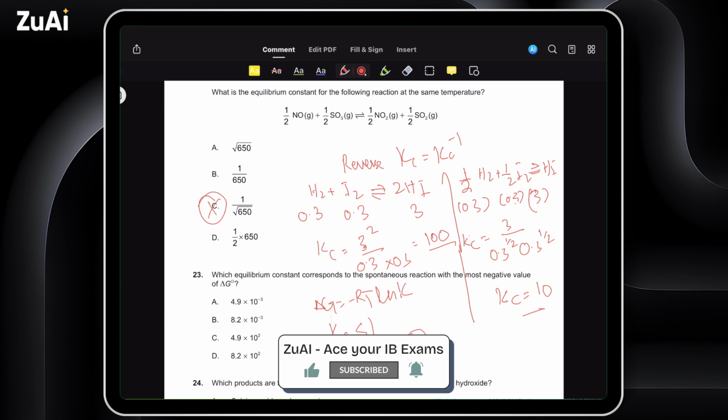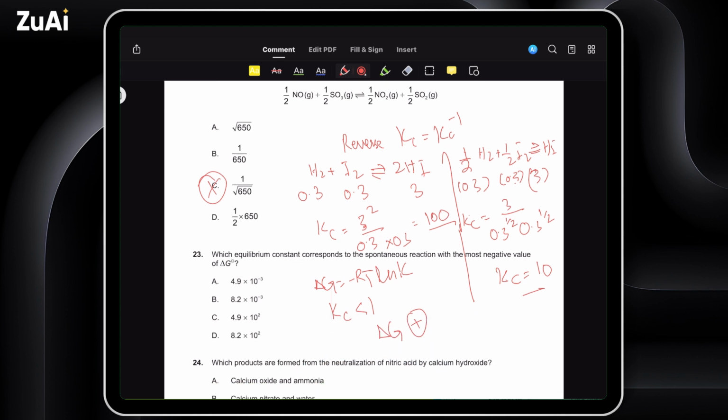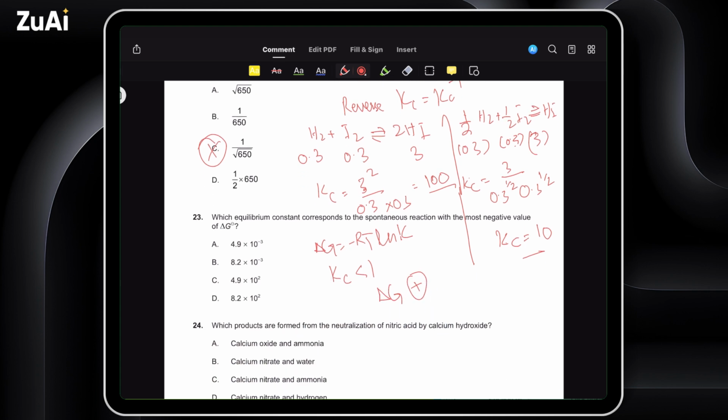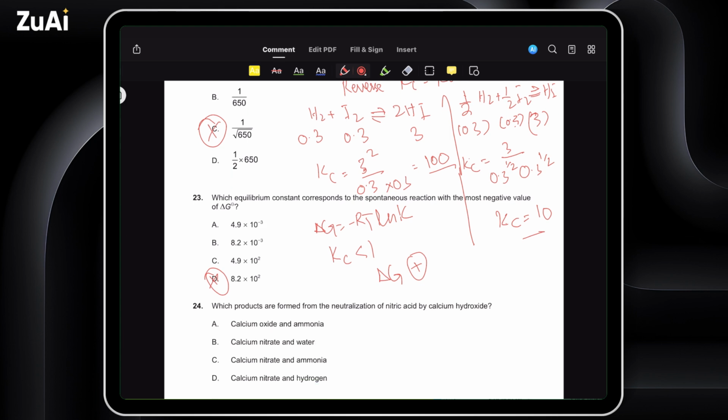So the most negative is this, the highest value. Which products are formed from neutralization of nitric acid and calcium hydroxide? That's so easy. We form calcium nitrate and water.